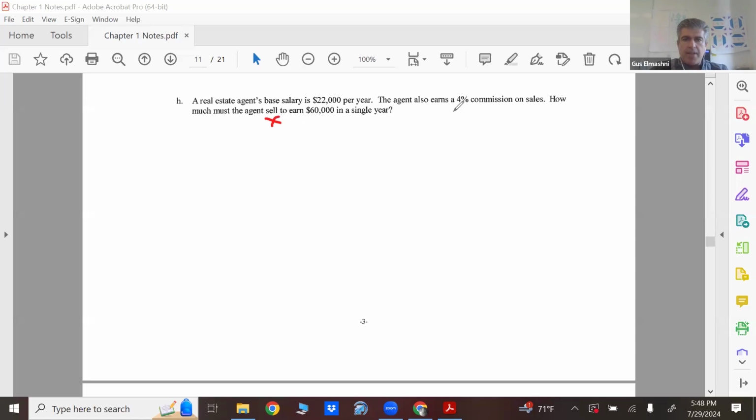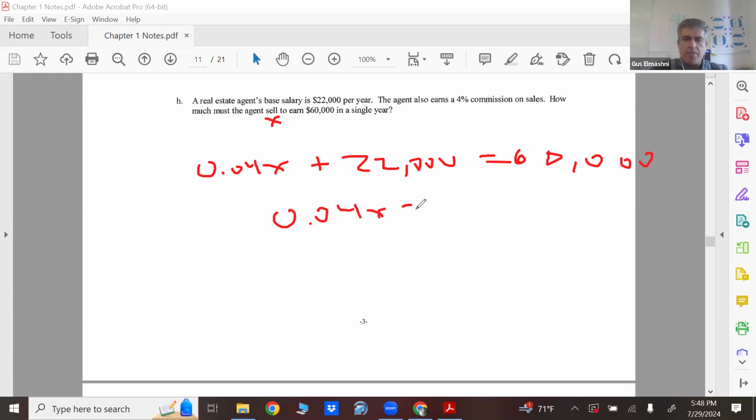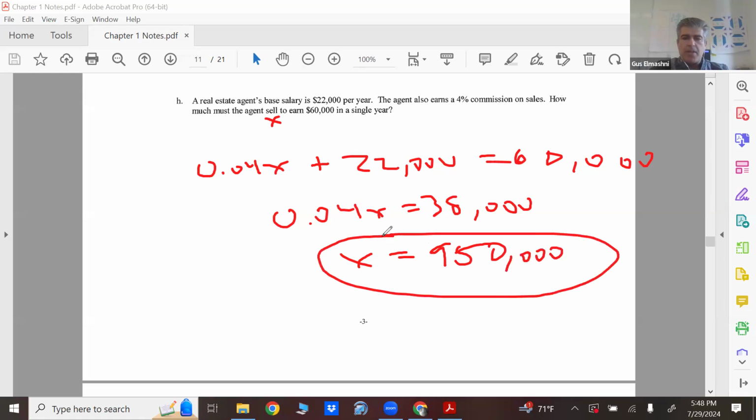So x is the sales. 4% of your sales plus your base of 22,000 equals your total income, and you solve for x, which is $950,000. That's the total amount of real estate the person sold. So those are word problems.